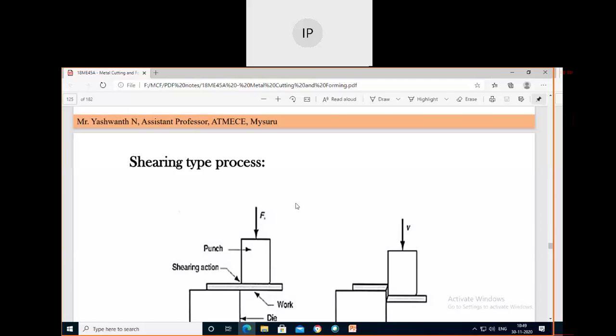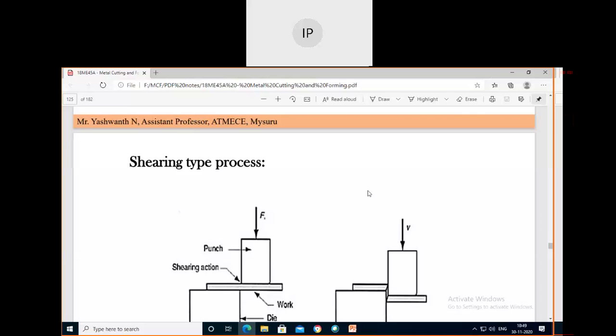Explain in detail the different types of metal forming process. In detail means you have to draw all the diagrams with respect to the forces applied to the workpiece.